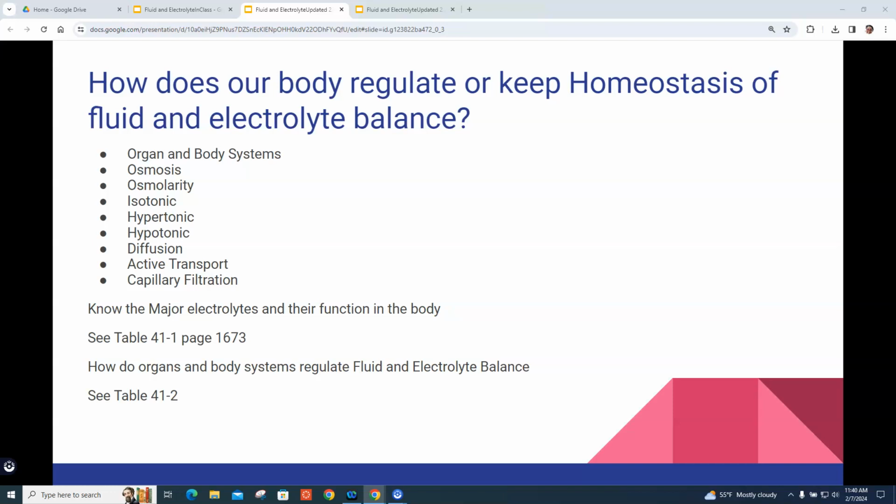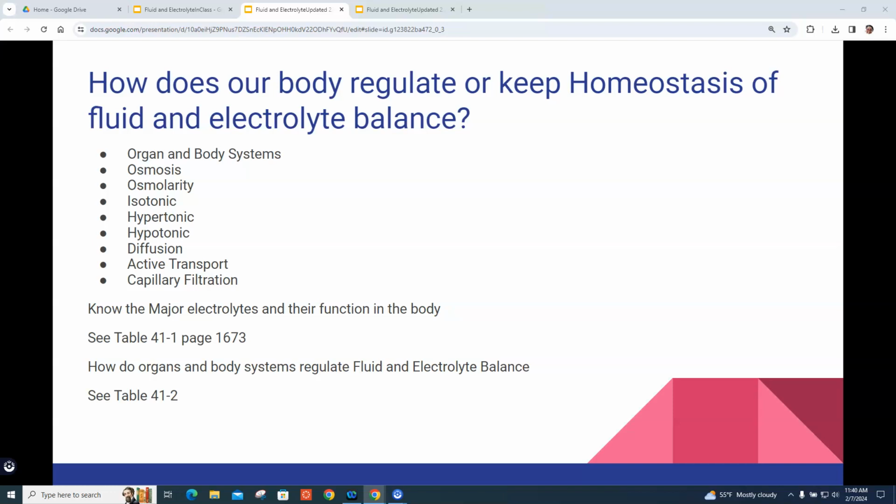Versus somebody that's not in homeostasis because maybe they have a fever. So something is happening in the body that's causing that person's temperature to rise, which can cause an imbalance in that equilibrium, which means that they're not in homeostasis.